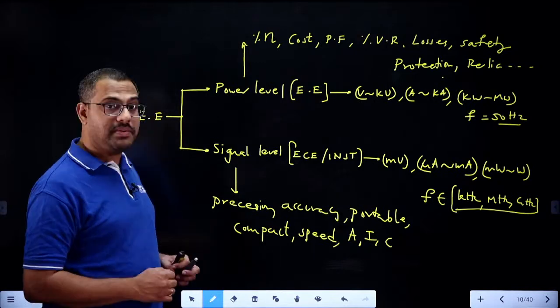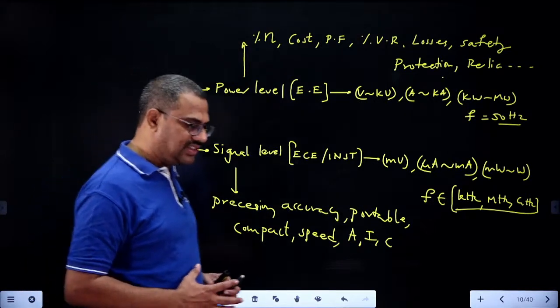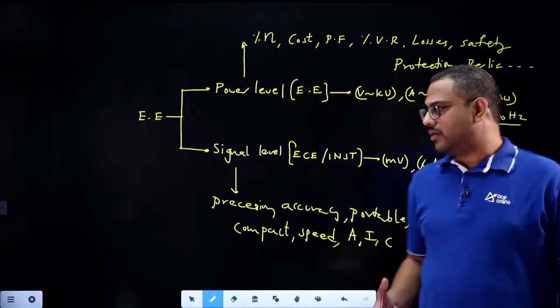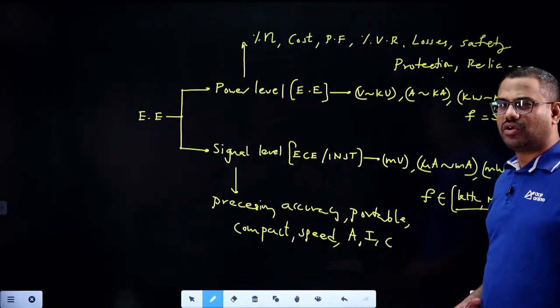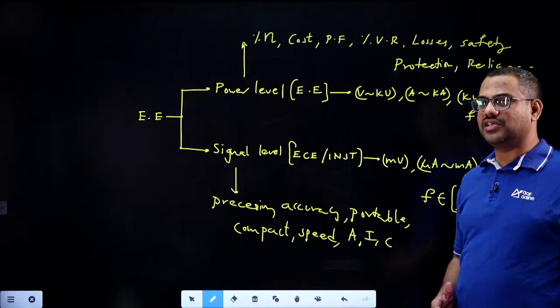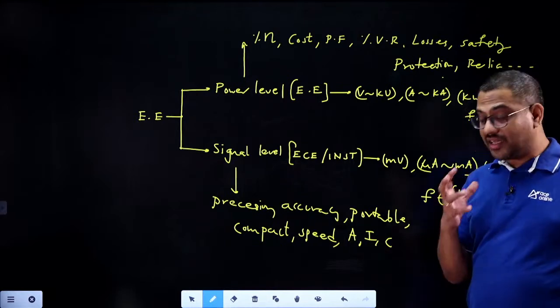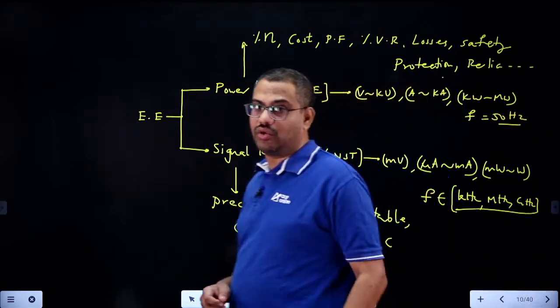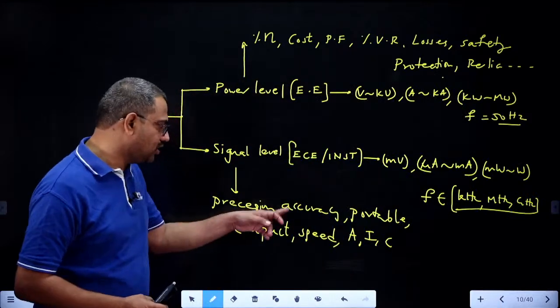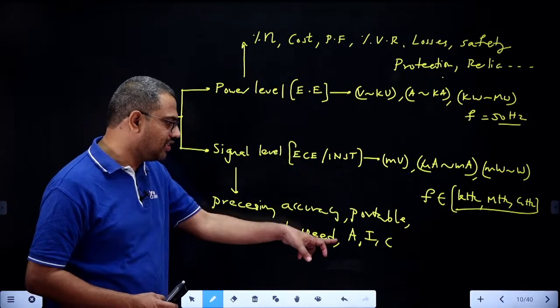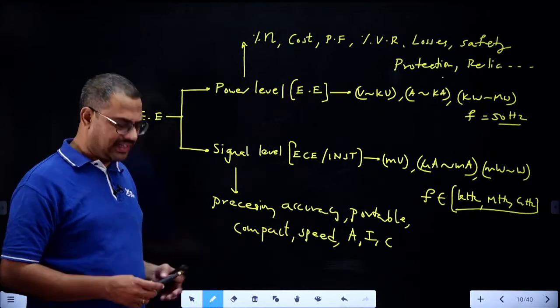So for EC people, your products are at signal level, and here we are not talking about money much. The design parameters for your components or applications are precision, accuracy, portable, compact, speed, automation, intelligent control. Now I'll give an example.